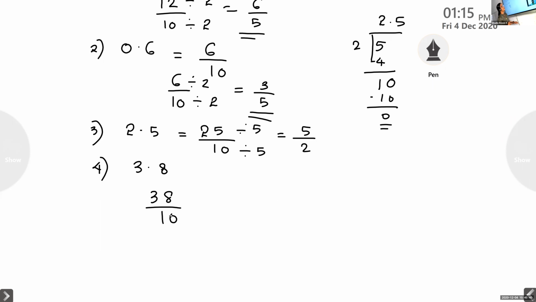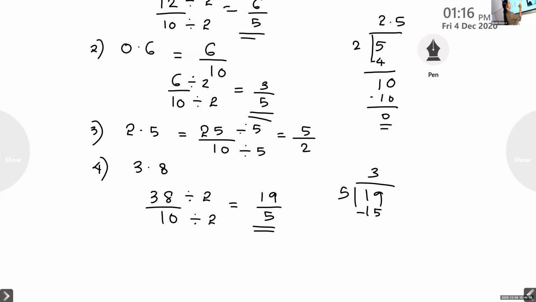Now reduce into lowest form. Divide by 2. So it is 19 by 5. When you divide 19 by 5, you will get the same answer. Clear?